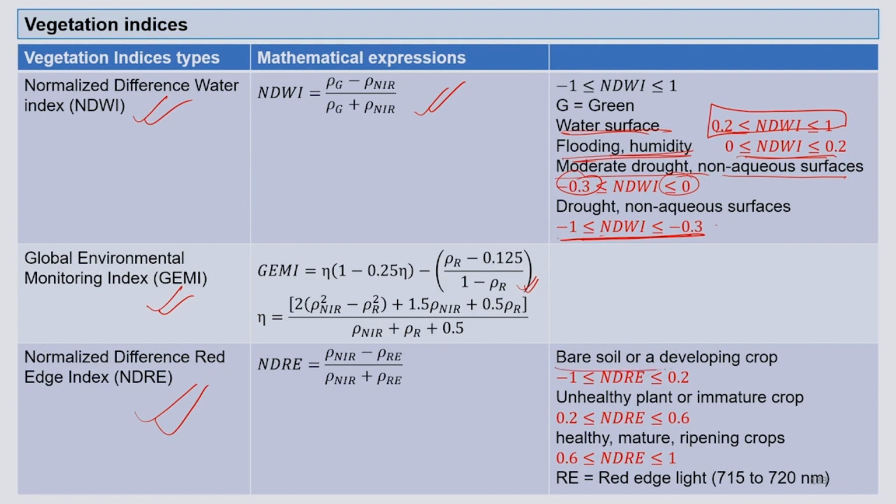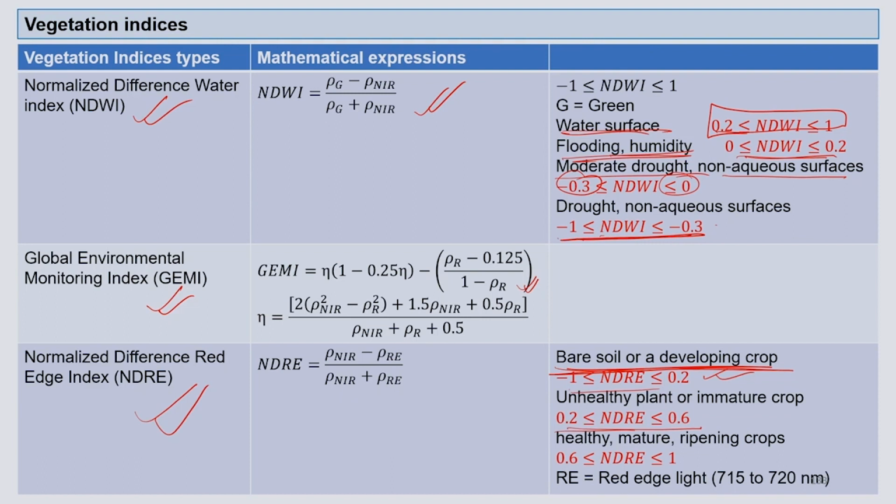If you have bare soil or the crop is just about to grow, the NDRE value will range between -1 to 0.2. Unhealthy plant or immature crop, suppose you have a crop in a very immature stage, then your NDRE value will be between 0.2 and 0.6.